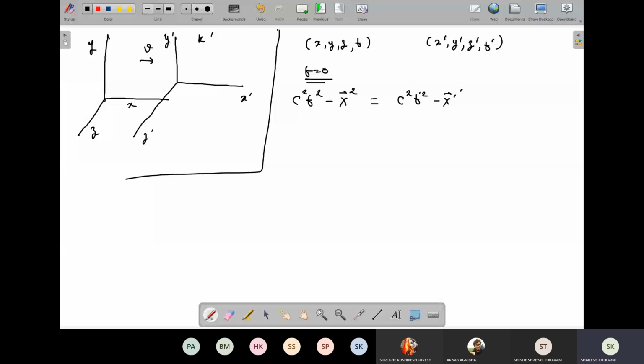For simplicity, let us consider only x, so instead of writing vector x I will write only x. My transformation would be such that c square t square minus x square is equal to c square t prime square minus x prime square.